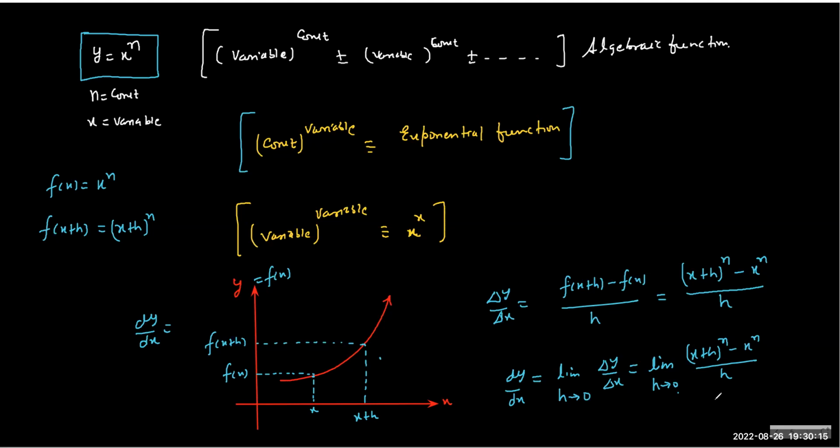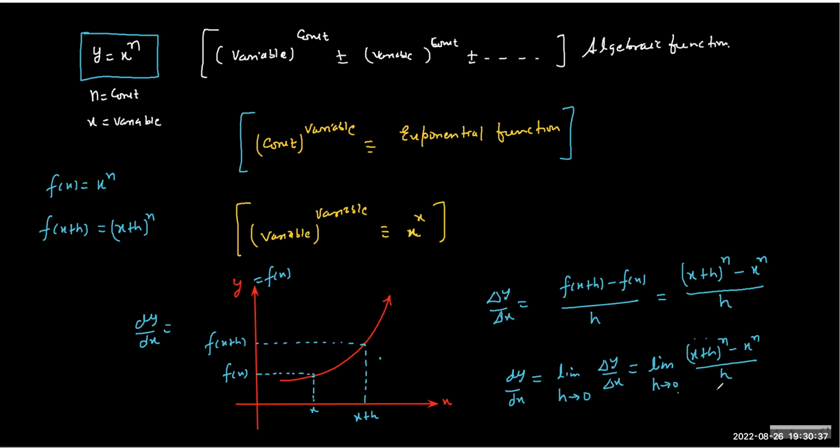Not defined. So it is an undefined state, right? So definitely I cannot put h equals to 0 right now. So the logical step is, can we convert it into a defined state? And see, here we have the binomial expansion.